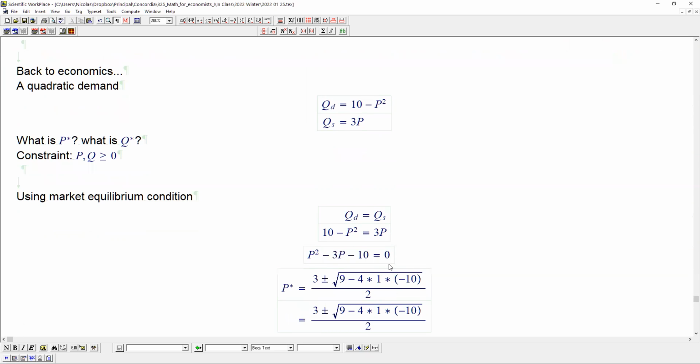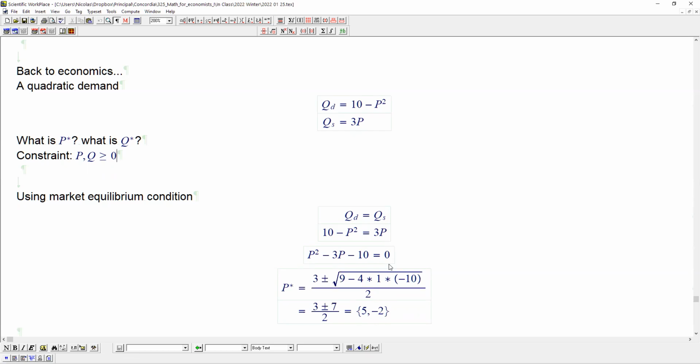So that's plus 49. So that's plus or minus 7. So then I get that this is either equal to 5 or minus 2.